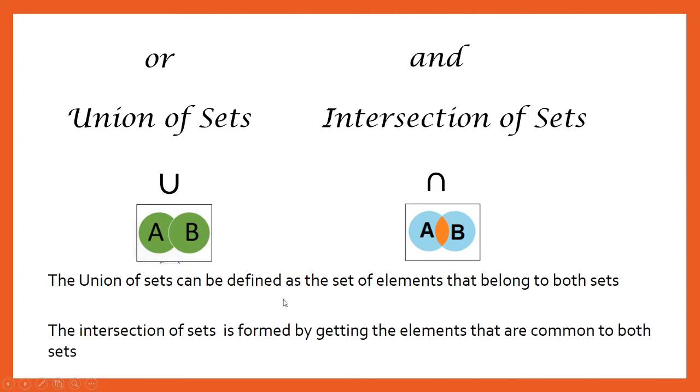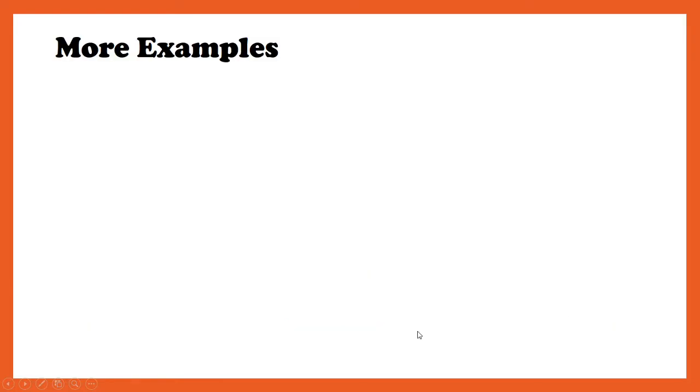So when we say union, you just combine them. And when you say intersection, you get what is common to them.